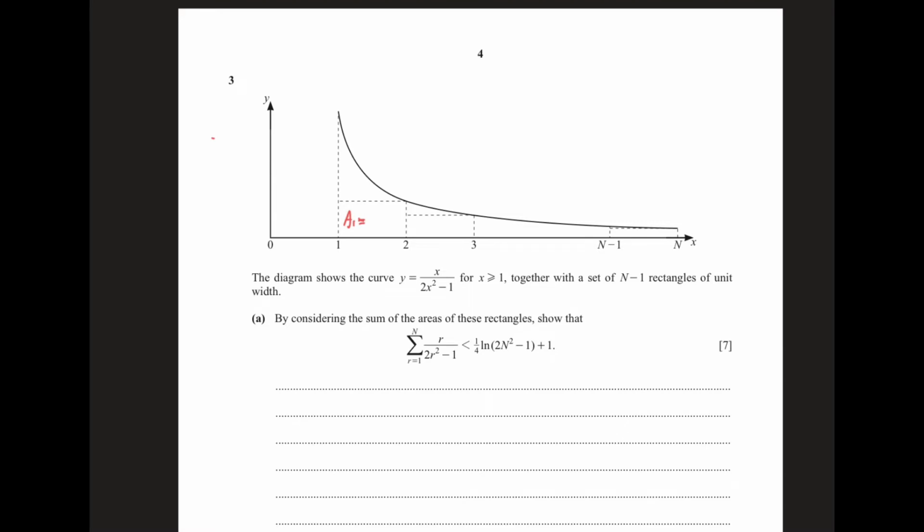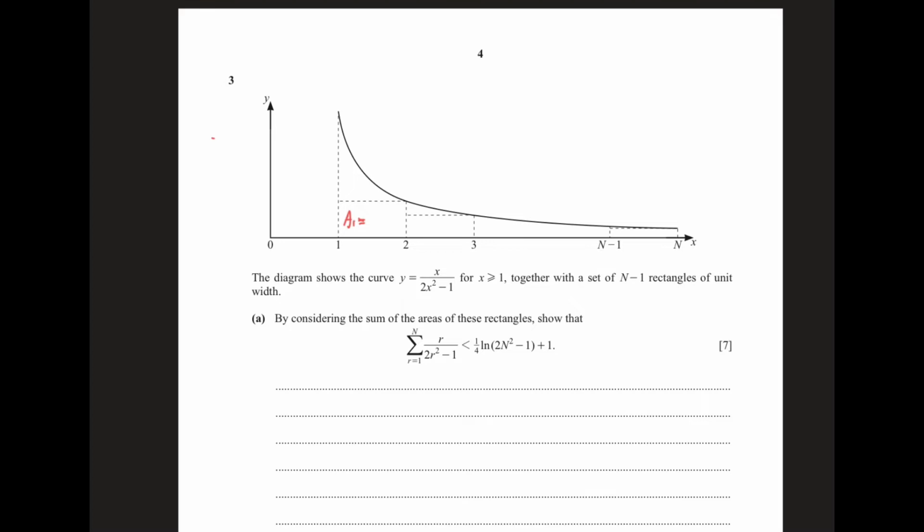So I have to substitute 2 into the function to find the height of the rectangle. If I substitute 2 at the top and 2 at the bottom, I will get 2 over 7. So the height is 2 over 7.